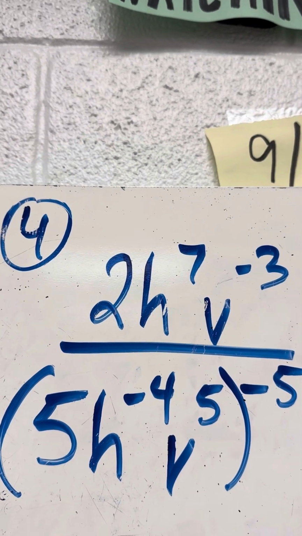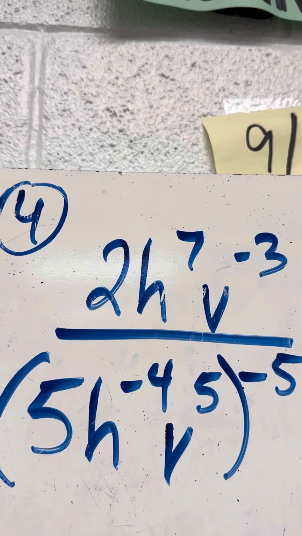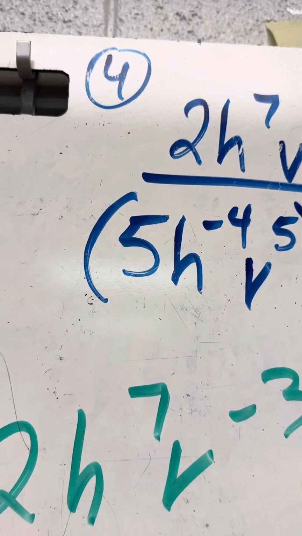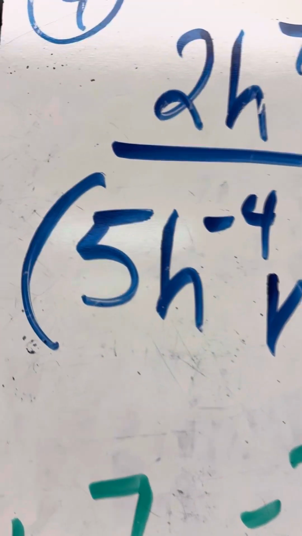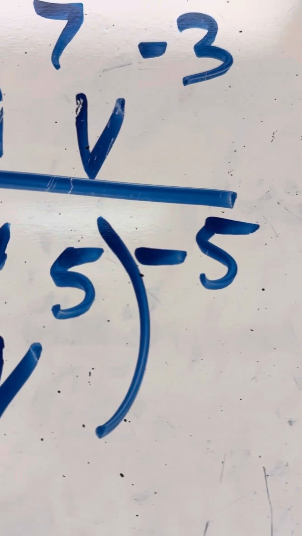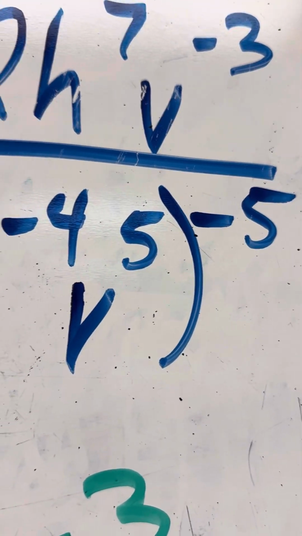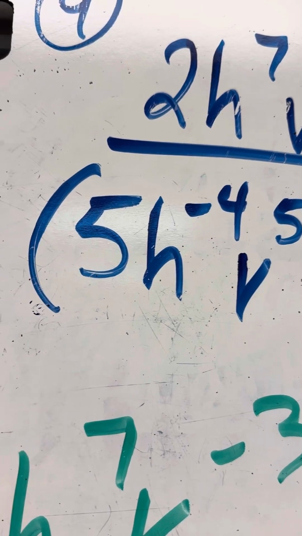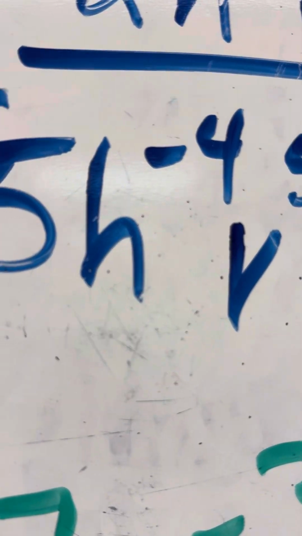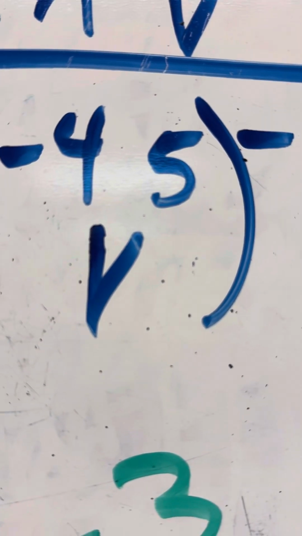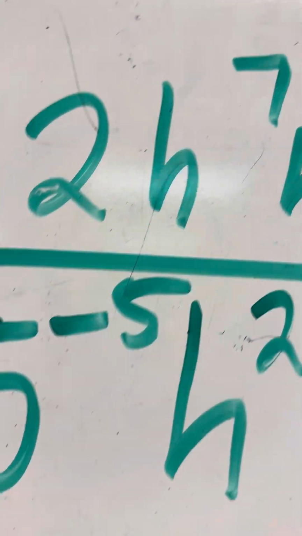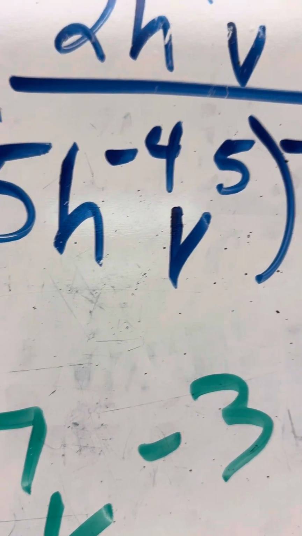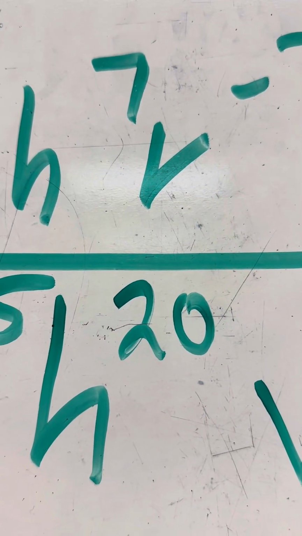Let's just write this out first, okay? I'm going to leave the top part as is for the moment. I'm going to take this 5 and write to the negative 5th power. When you're in parentheses like this, it's like distribute. It's 5 to the negative 5, this to the negative 5, and this to the negative 5. So we're going to do that. 5 to the negative 5, h to the positive 20, because negative 4 times negative 5 is positive 20.